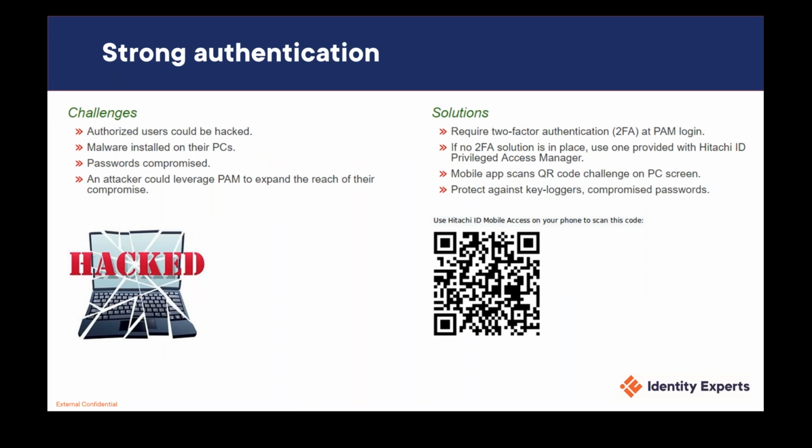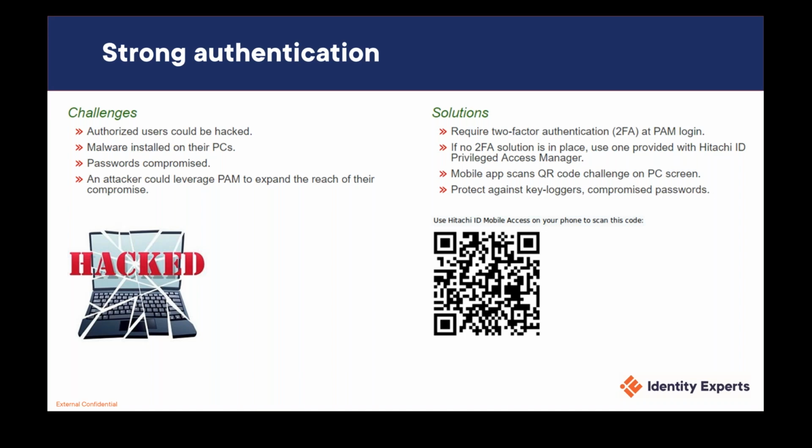And then, lastly, but certainly not least, is strong authentication. Without a privileged access management system, authentication is really in question in terms of how you are properly identifying and authenticating your administrators before you're granting them access, if at all. Once you move to a privileged access program, you're going to need to introduce strong authentication.